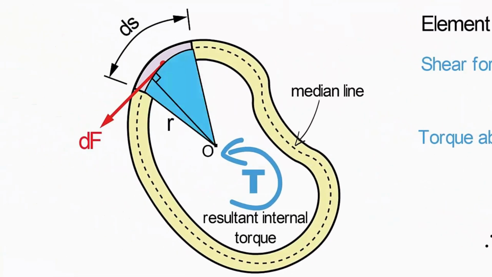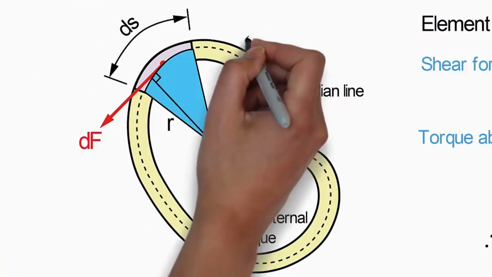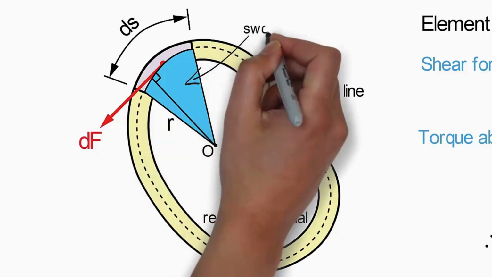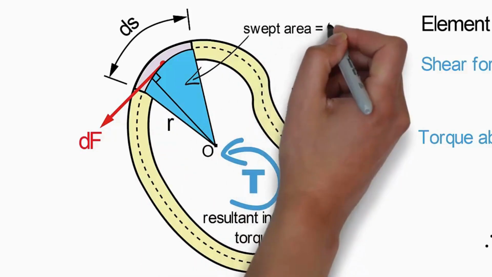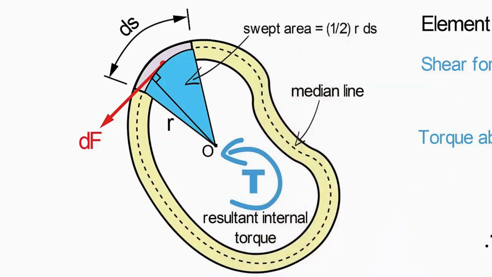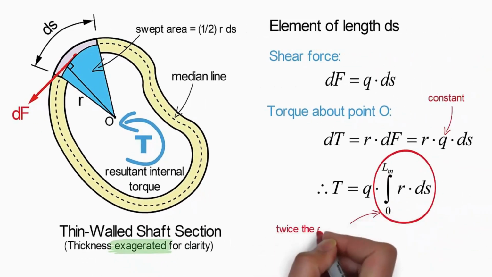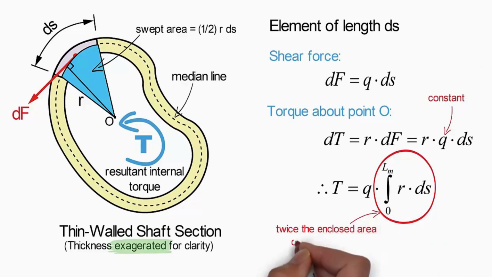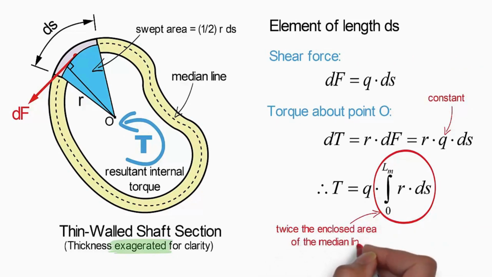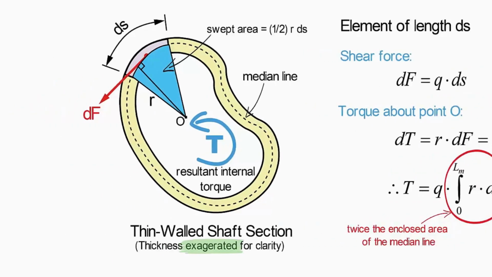If we look at our section closely, we see that r sweeps out a triangular area along ds. This triangular area is precisely 1/2 the rectangular area r times ds. Recognizing that the area swept by r around the entire perimeter is equal to the area enclosed by the median line, we can see that the integral of r times ds must be equal to twice the area enclosed by the median line.